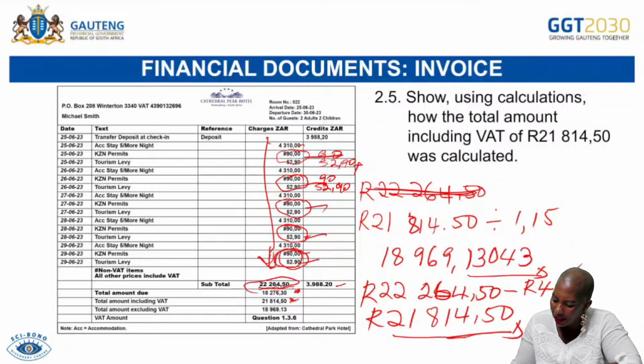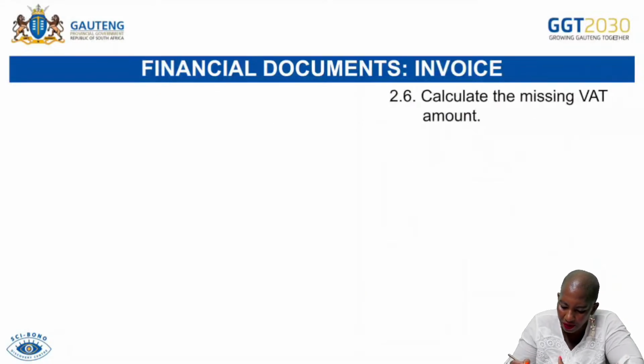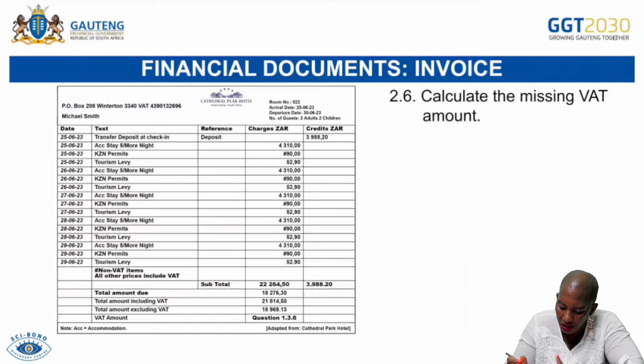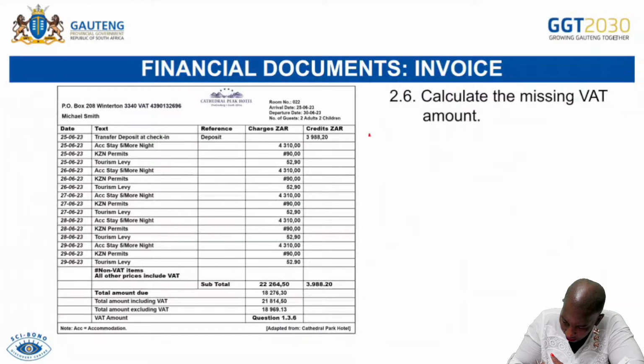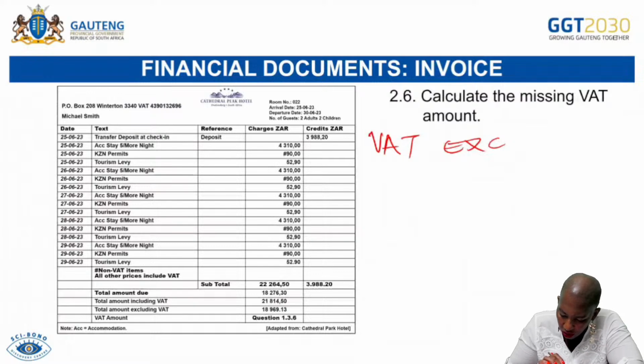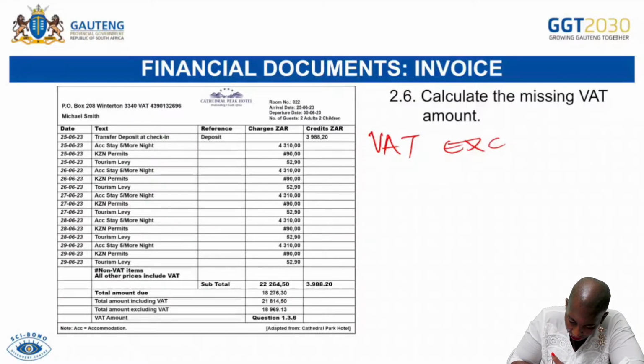Remember, we added the amounts without VAT. Now calculate the missing VAT. That one I have already done on that slide, whereby we said quickly the VAT exclusive. The VAT exclusive amount, because here it says the VAT amount.